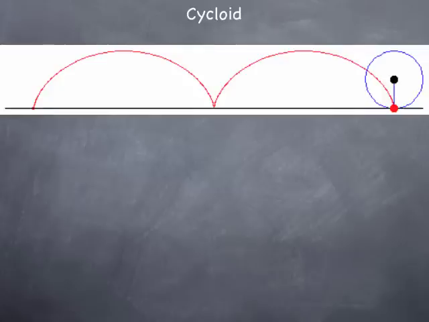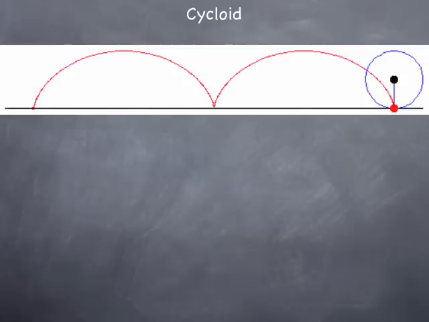So let's look at the case where I roll a circle along a straight line, and I'm looking at the trajectory described by this red point. So I have a fixed point on the circumference, and I'm going to roll my circle and trace out the trajectory of the red point.